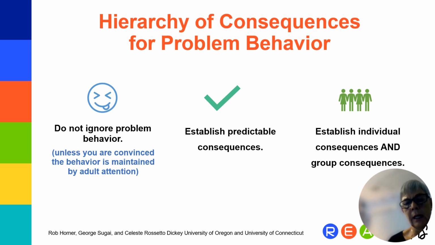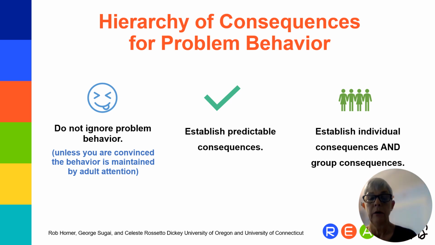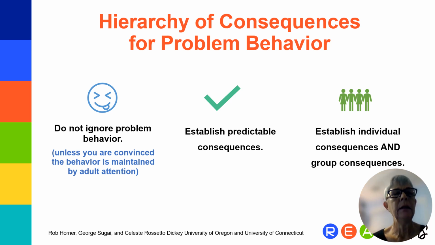So individual consequences might be something like verbal warning, reteach or redirect, parent contact, and then it becomes an office discipline referral. Group consequences might be something like, we'll listen to music while you all are working independently, but if anybody starts talking while we're supposed to be working independently, the music is going to go off.